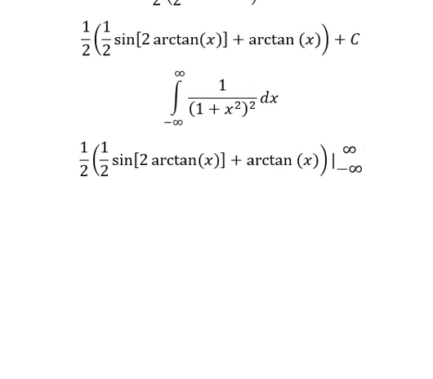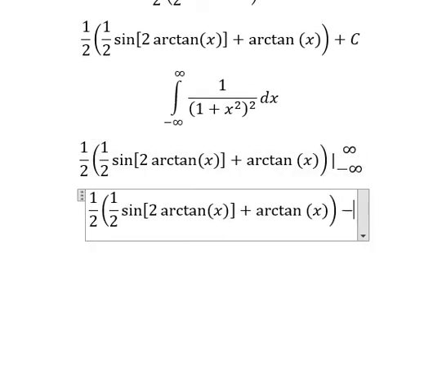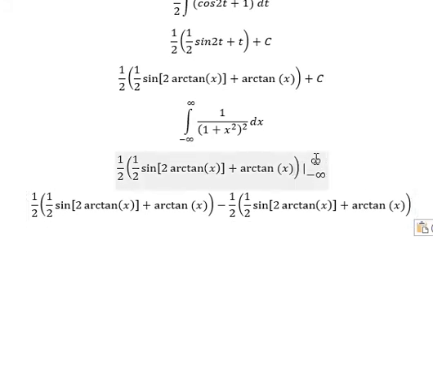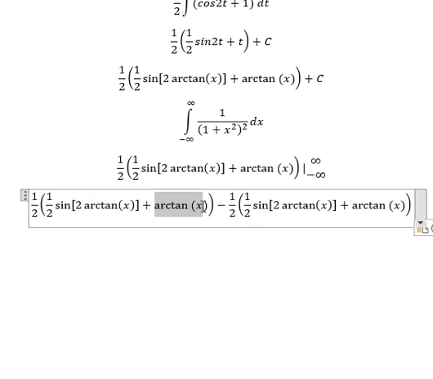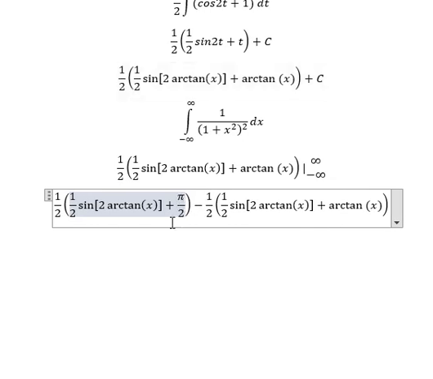And now we can get the final answer. When s approaches positive infinity, arctan of s will be pi over 2, and this one is pi over 2.